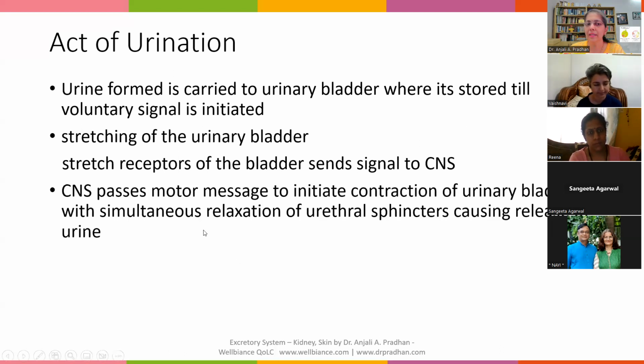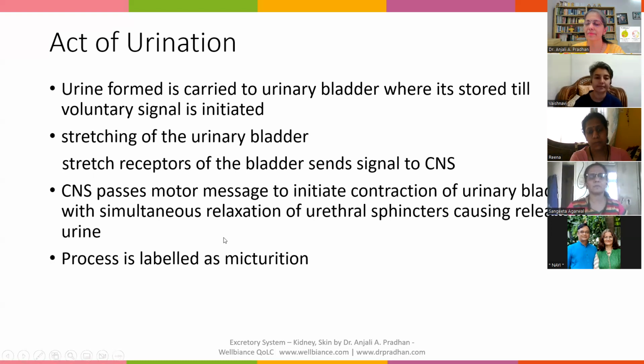Okay, and this central nervous system passes motor message to initiate the contraction of the urinary bladder. At the same time, urethral sphincters are also relaxed. और यूरिन जो है वो बाहर जाता है. This is called as micturition.